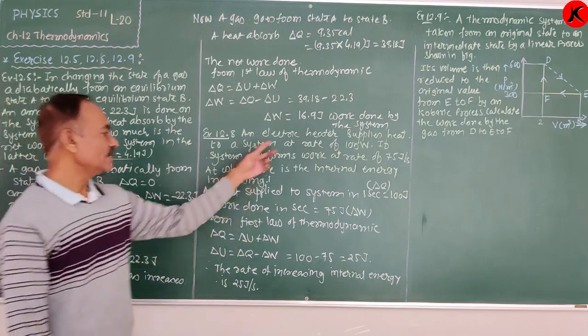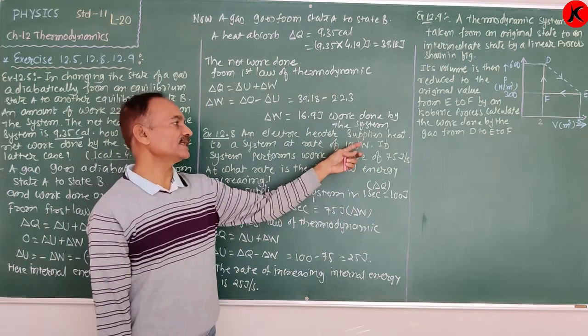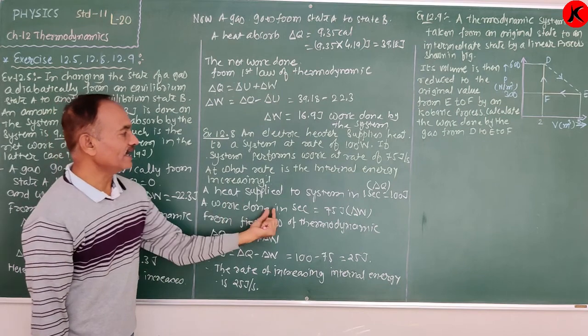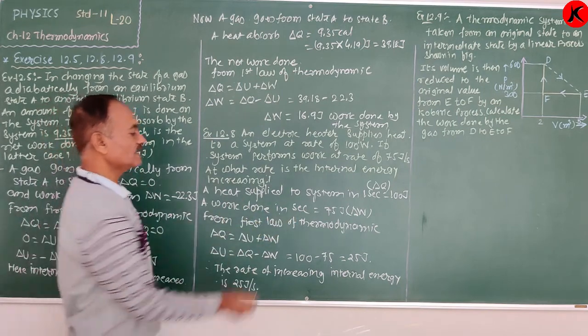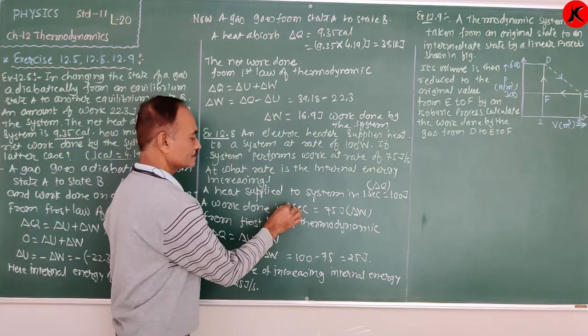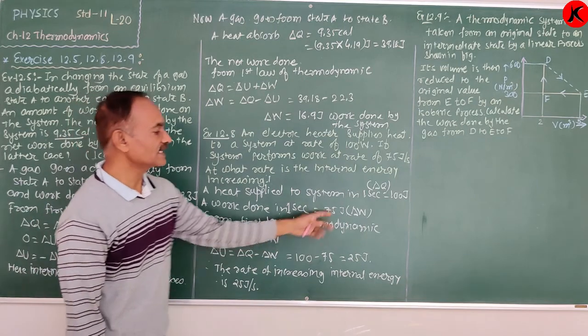Here the heat supplied to the system in 1 second is 100 joule. That is our delta Q. Now the work done in 1 second is 75 joule per second, that means 75 joule. That is our delta W.